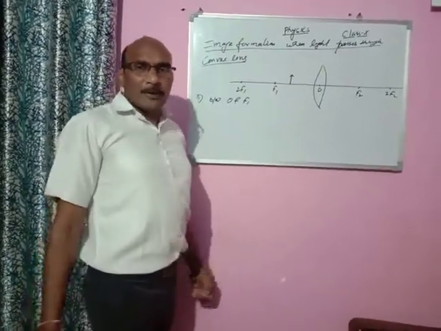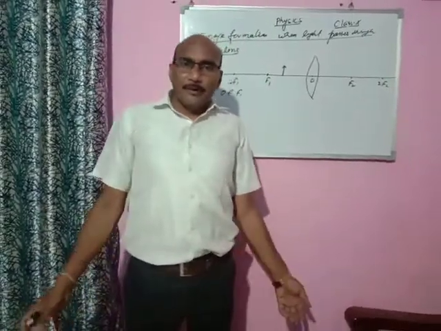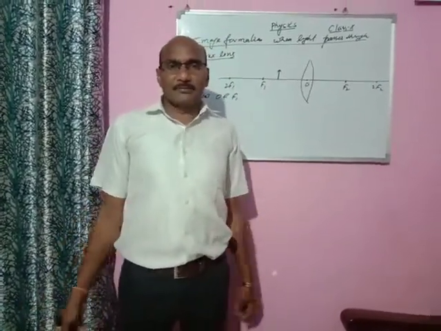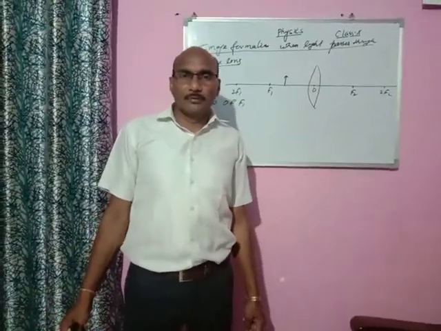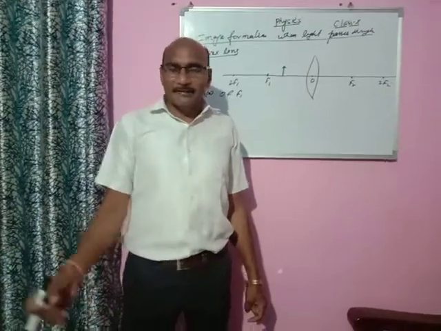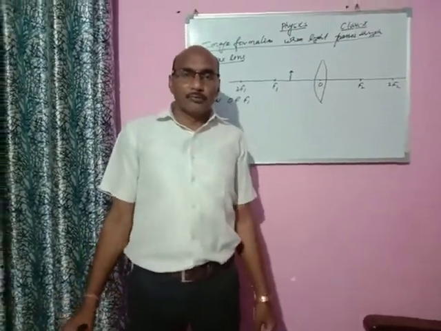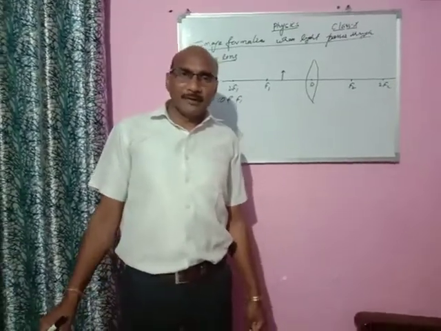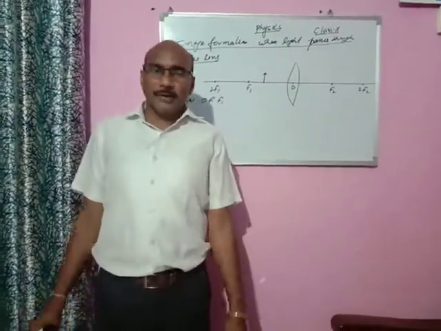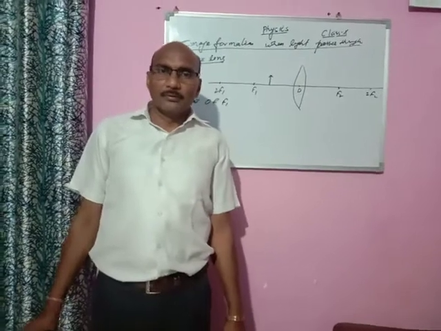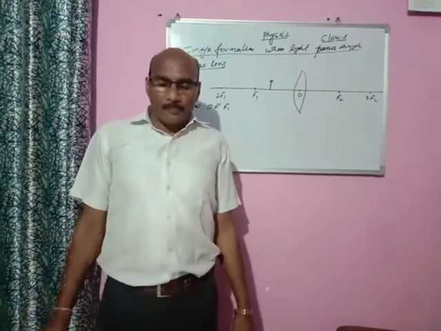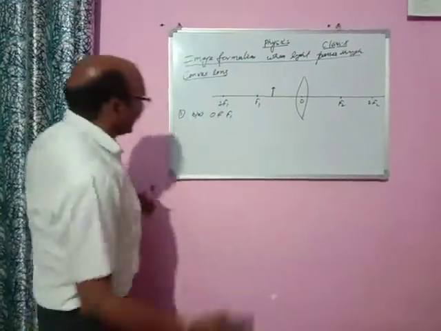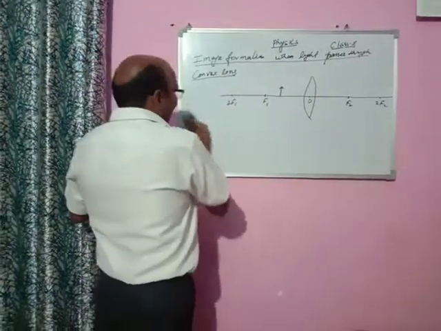When light passes through an object, infinite light rays pass through it. But we have to take some light rays which we can identify easily, and we can give names to those light rays. So before the ray diagram, first I will tell you which light rays should be taken.